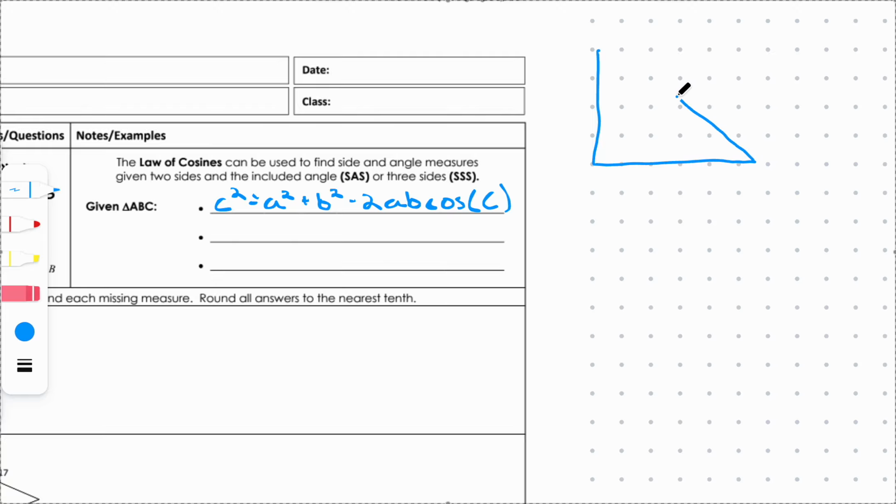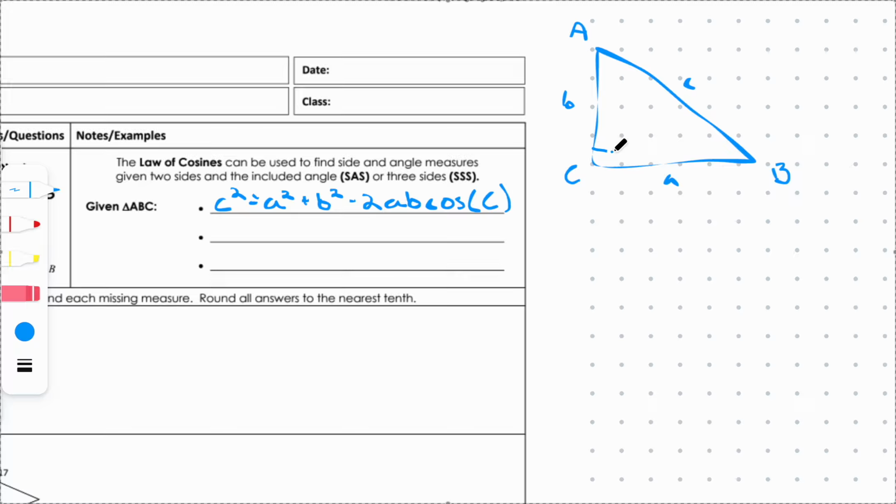I'm not going to go on too much of a tangent. But let's say this is angle C. This is A, this is B, this is little c, this is little a, this is little b. A squared plus b squared equals c squared. But notice that we have this minus 2ab cosine of c.